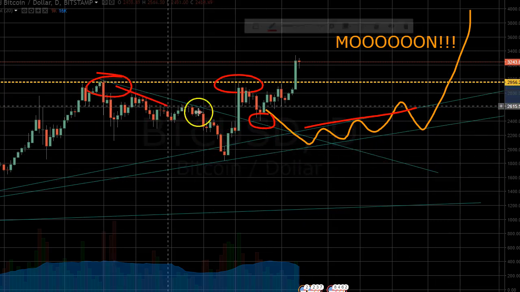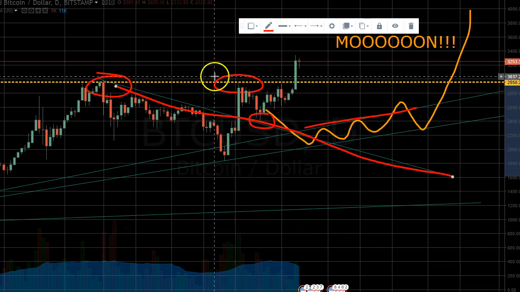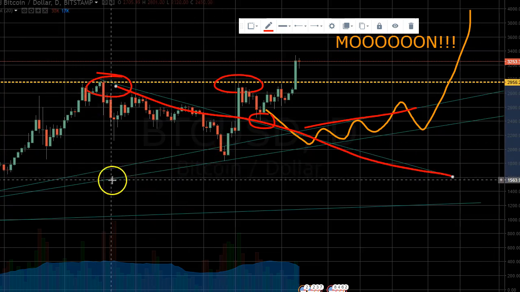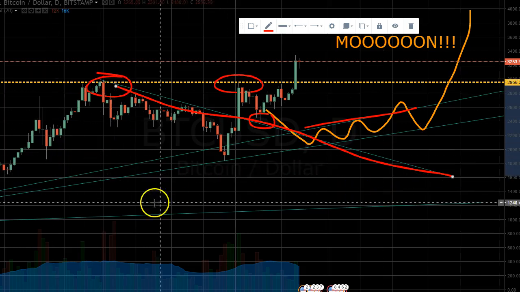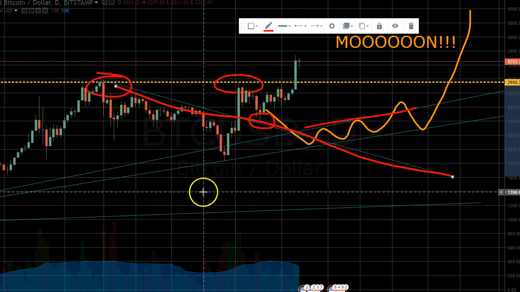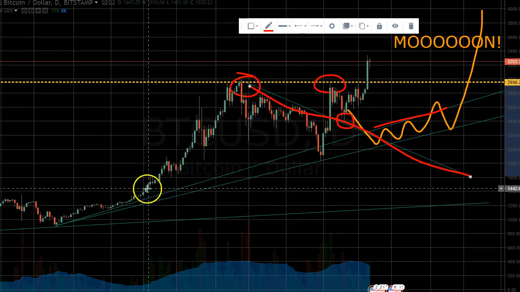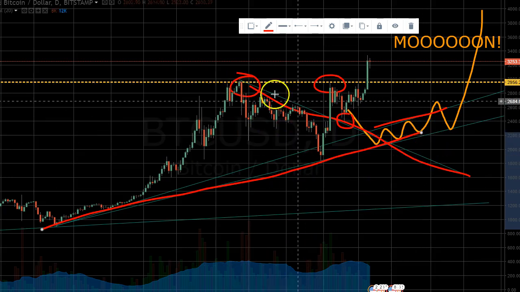This line indicated to me that there was support, which basically made up the top of the pennant formation. I can zoom out so you can see that. So this is the pennant formation I was talking about.